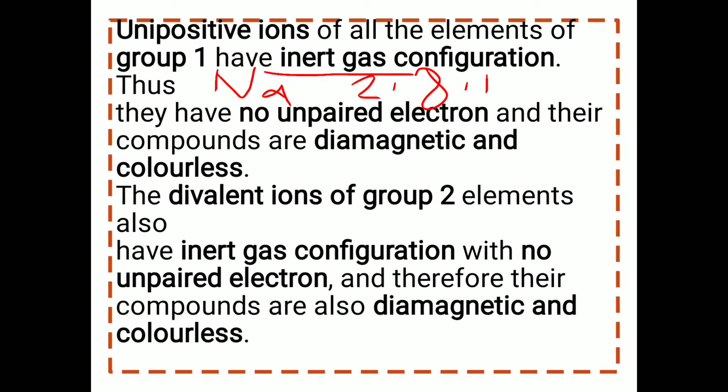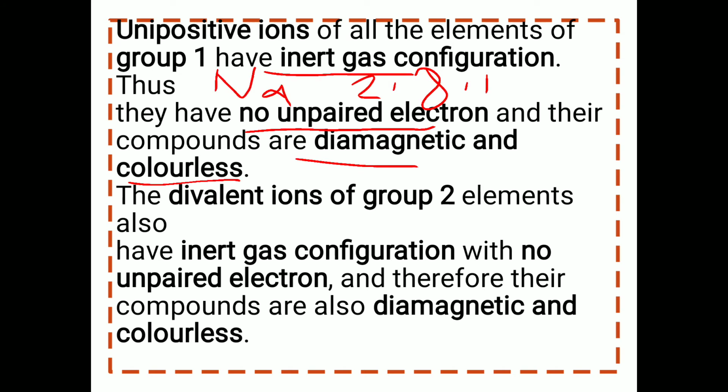Now when we study the unipositive ion, Na+, by loss of one electron it has the electronic configuration 2, 8, and thus it has no unpaired electrons, and its compounds are diamagnetic and colorless.